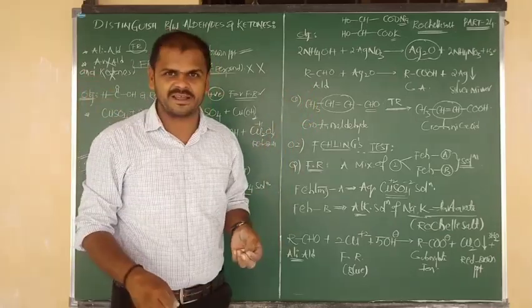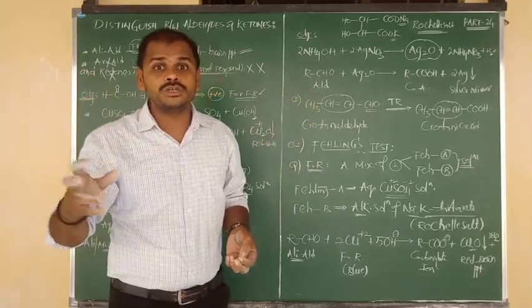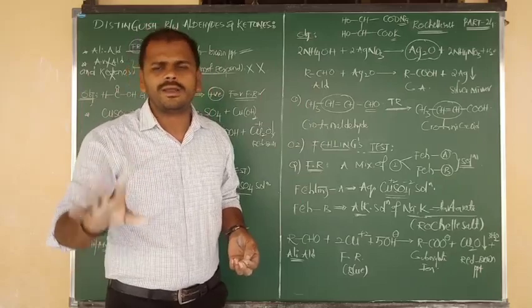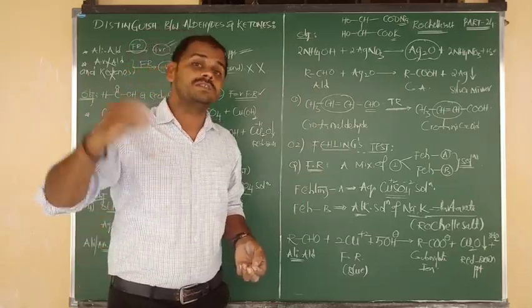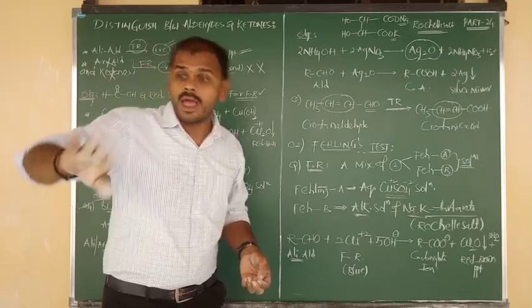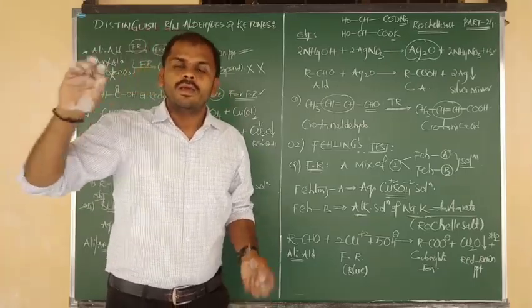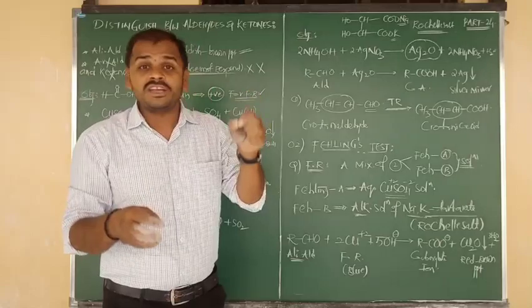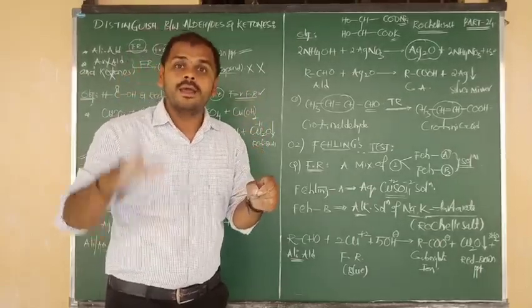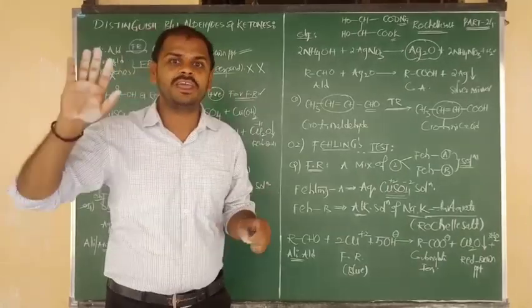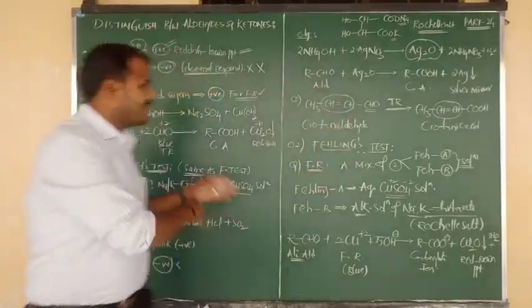Same in all cases. But aldehydes change into the red color, aliphatic and aromatic both, except formaldehyde. And ketones first change into red color, and again red changes into orange. So substances on reaction with sodium nitroprusside, if they are in red color, aldehyde. If red changes into orange, we have to say ketone. Like that, by using this.